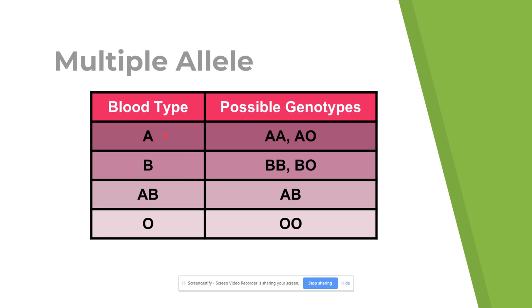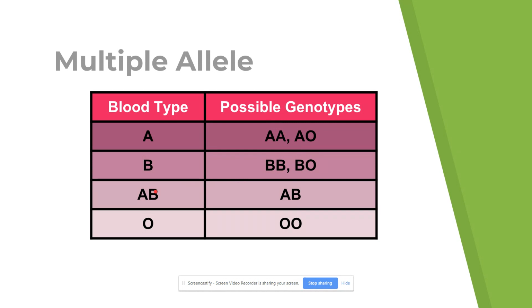Now the possible blood types we know are A, B, AB, and O. To have blood type A, there are 2 possible genotypes that our DNA can have. We can either be homozygous, which means that it's A and A, or we can be heterozygous for type A blood, which is AO. Same with type B blood. We can either be homozygous, which is big B, big B, or we can be heterozygous, which is BO.